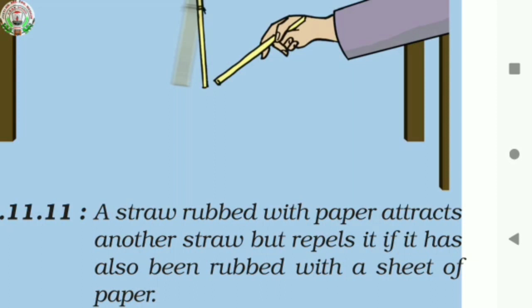If only one piece of straw is rubbed with paper and brought near to the other piece of straw, there will be an attraction. Whereas, if both the straws are rubbed with paper and brought near to each other, there will be a repulsion.